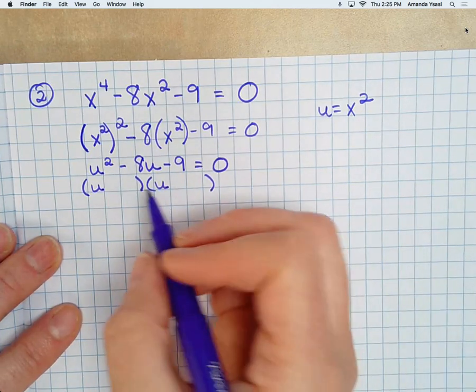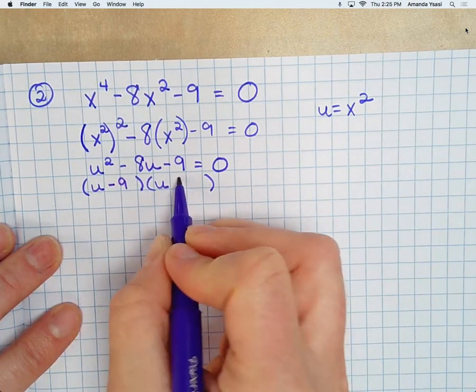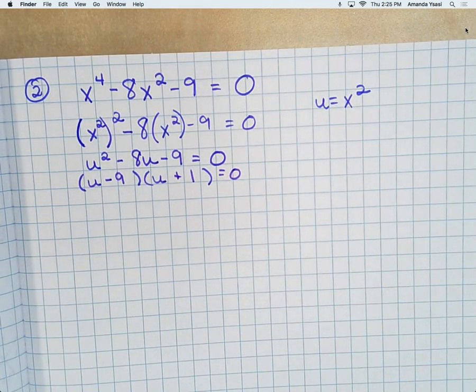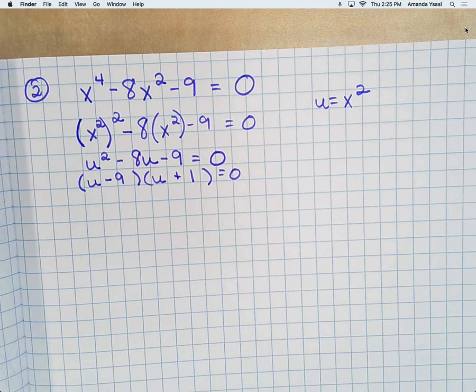What do y'all think? Negative 9 and positive 1. Okay. So now set both of those equal to 0 and solve. And then sub back in x squared.